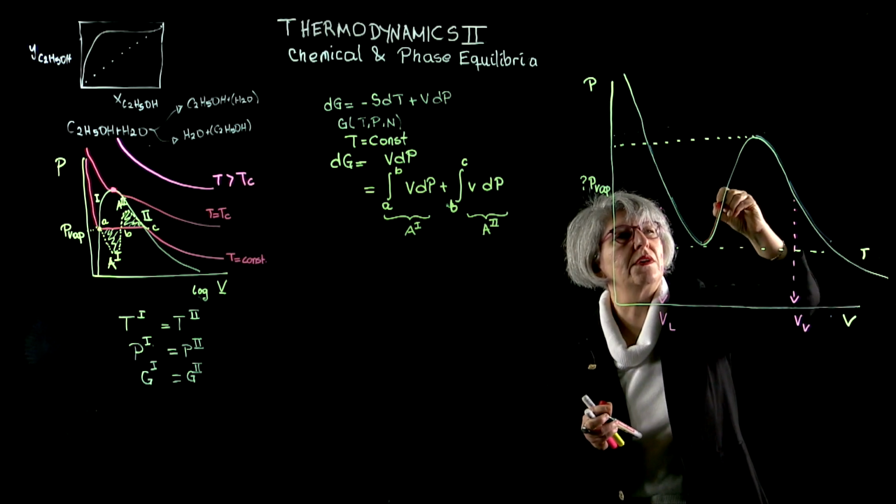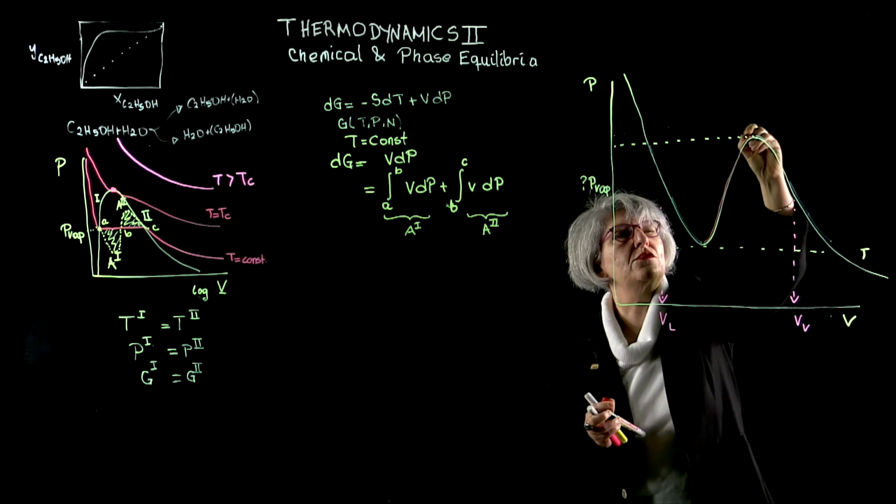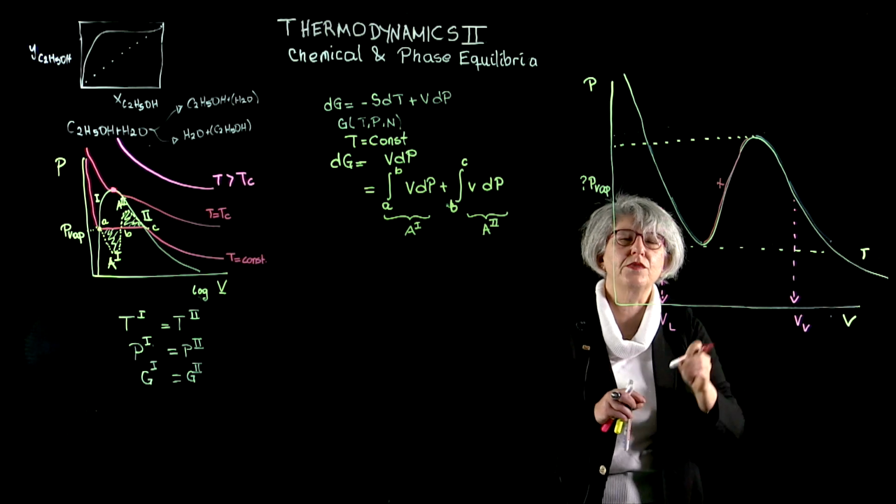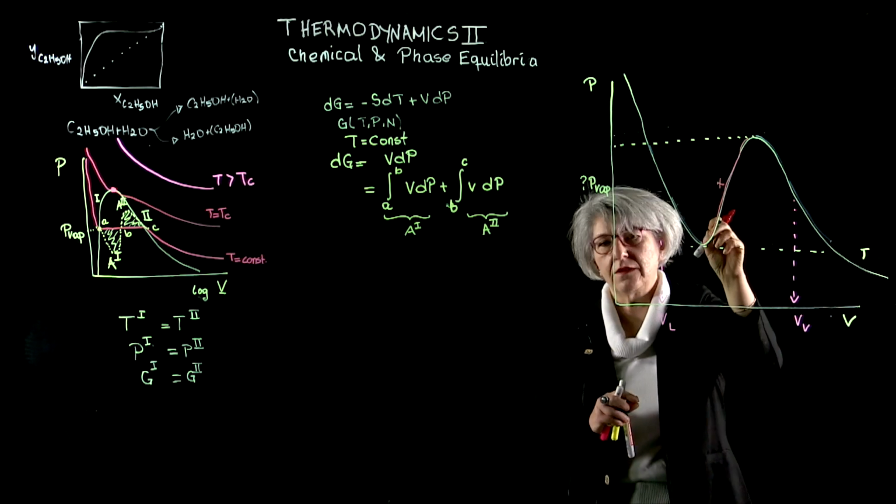All right? This is the prohibited zone. We don't look for volumes in that prohibited zone.